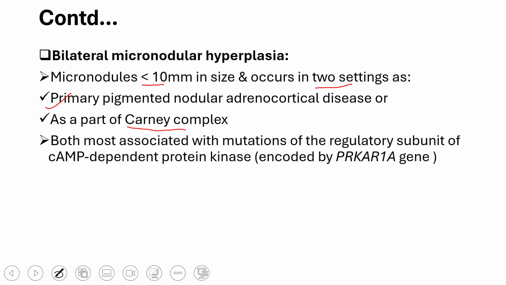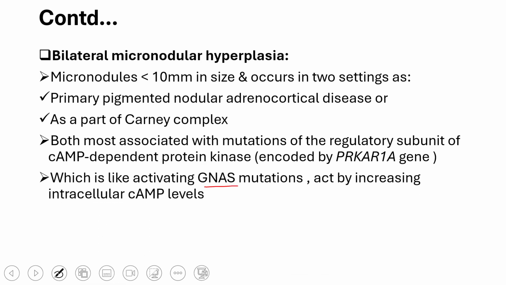And both are associated with mutation of the regulatory subunit of the cAMP dependent protein kinase, that is encoded by the PRKAR1A gene. And this functions in the same way as a GNAS mutation, causing increased intracellular cAMP levels. In like manner, this mutation also acts in these diseases.